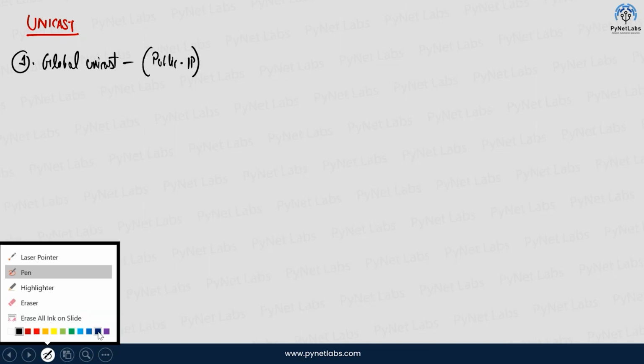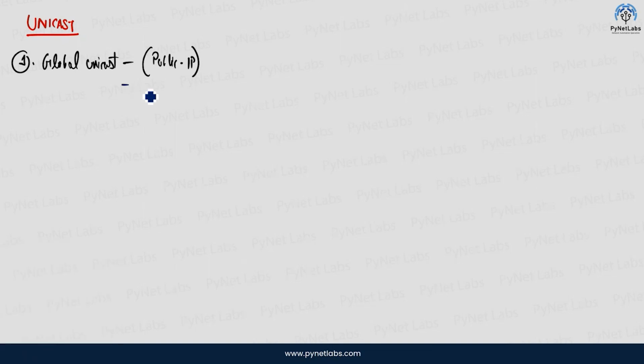Any IP in IPv6 that starts from 2000 double colon /3 is a reservation. As per IANA, any IP that starts with 2000 ::/3 will be considered your global unicast IP. Now, what exactly is the /3?